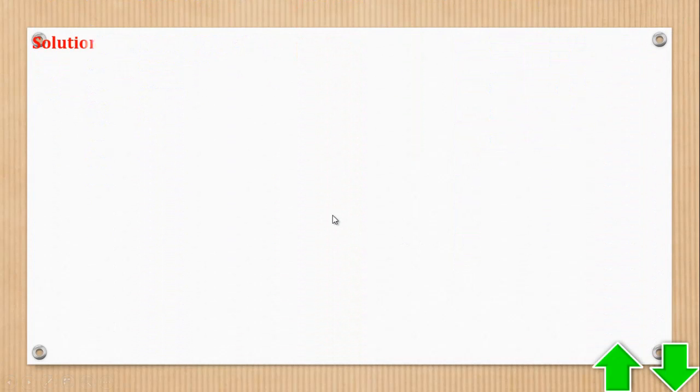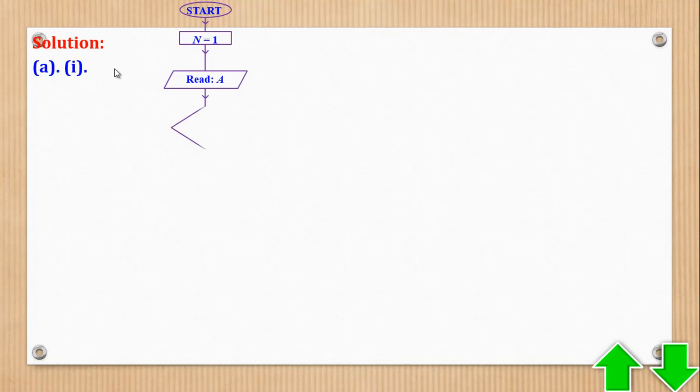Now I shall come and draw it in order. The first one was start. Followed by n equal to 1. Then from there we went to read. From read we went to the decision. Is n less than 2000?